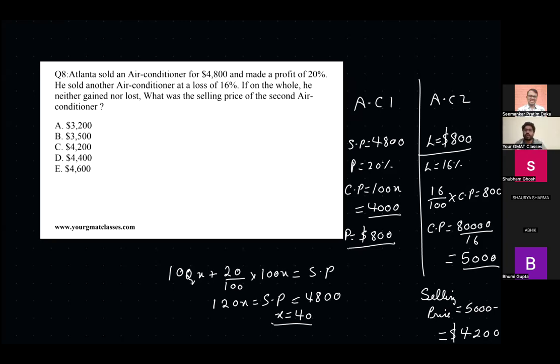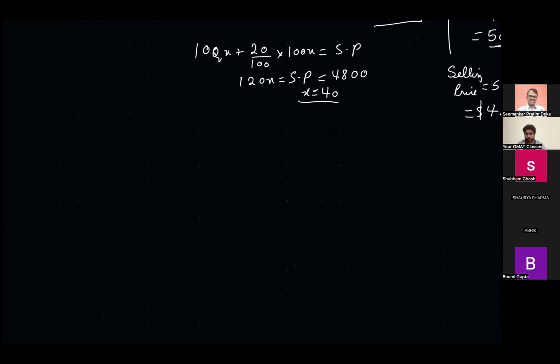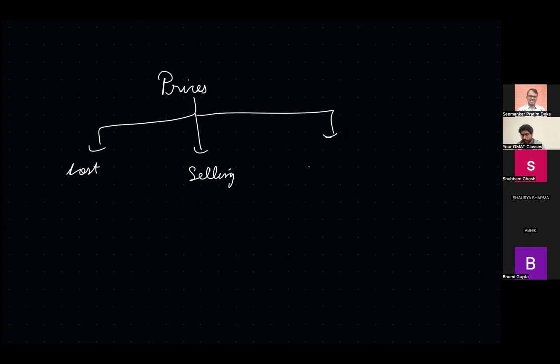Now the concepts that you need to know for profit and loss. There are three types of prices. Cost, selling, marked or label. This is what is printed on the product.